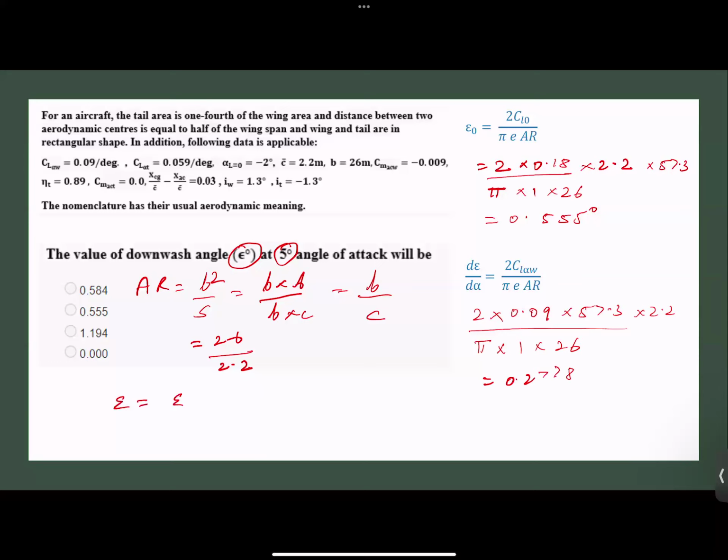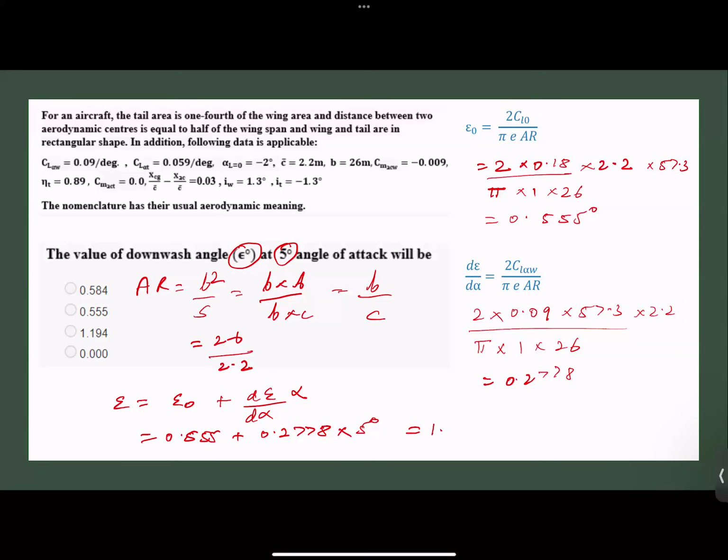Now they've asked you for the entire downwash angle. So it is epsilon naught plus d epsilon by d alpha into alpha. Epsilon naught is 0.555 plus 0.2778 into alpha, which is 5 degrees. So this comes to 1.94. There's a mistake in the options, but it should be that.